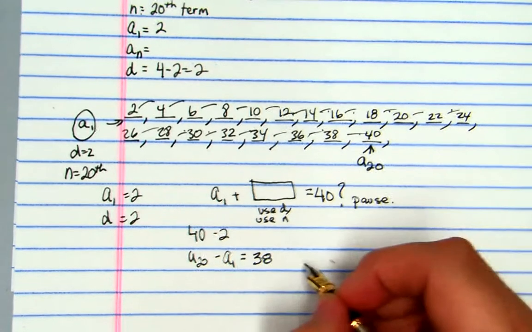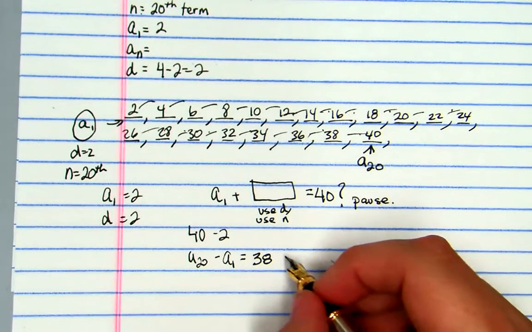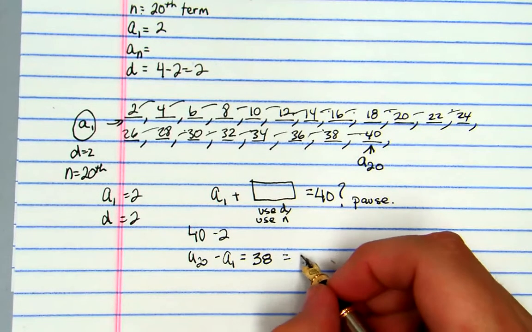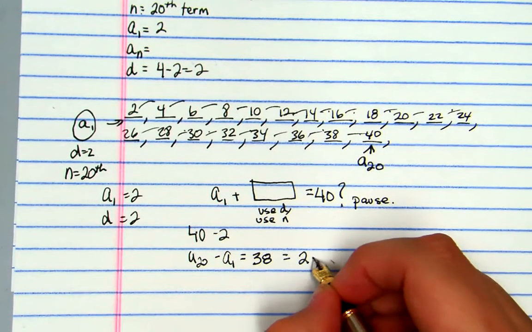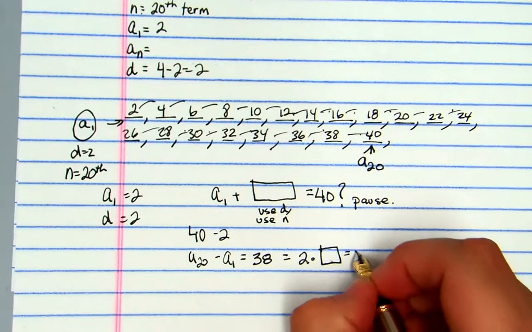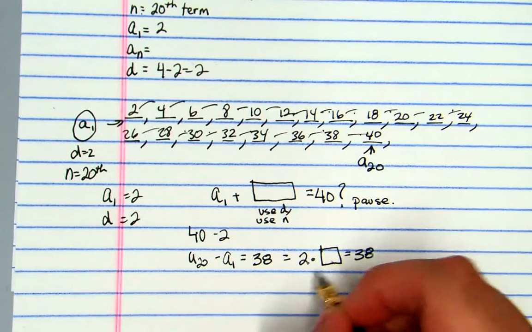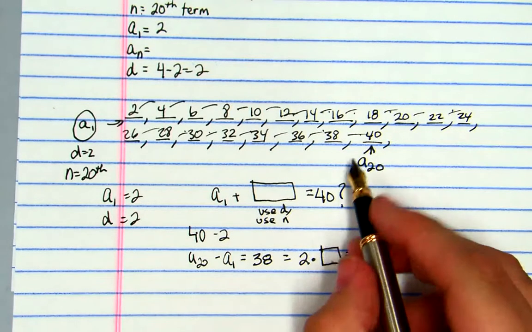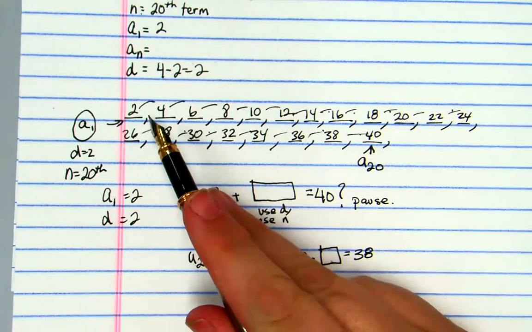That's 38. Now, I know my difference is 2, so I'm going to get 2 times something equal to 38, because that's the difference between these two values.